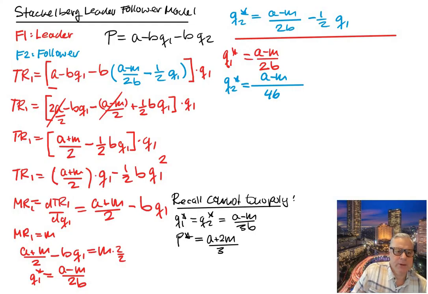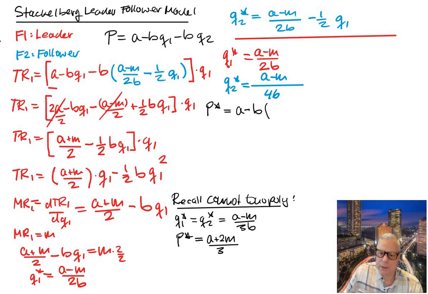Let's calculate that one. So the price will be A minus B times Q1.